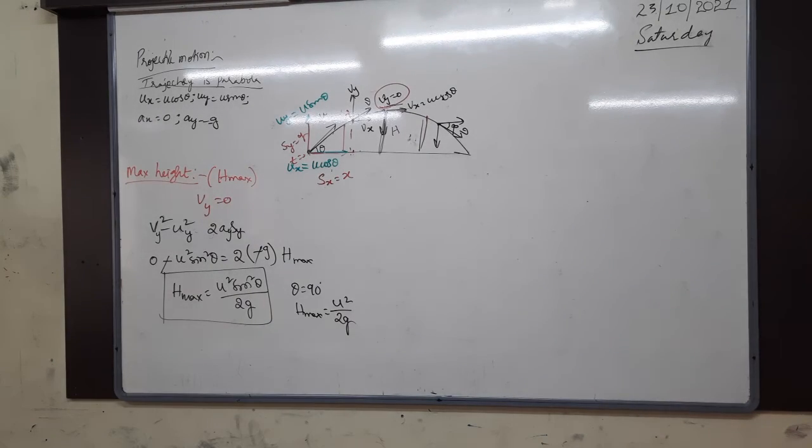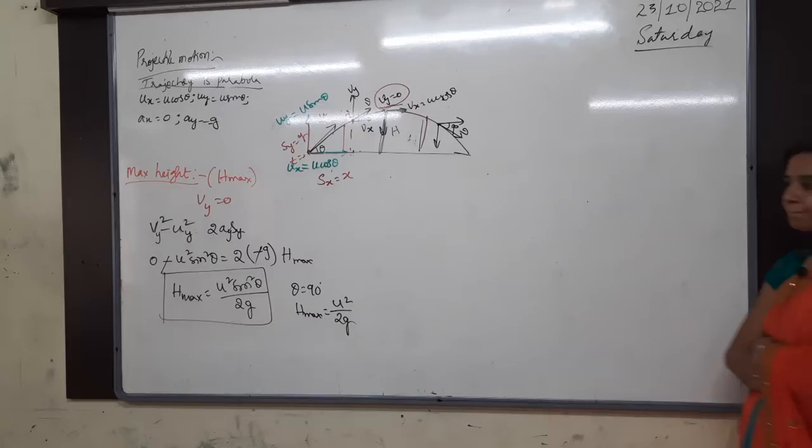Vertical component of velocity becomes 0. Underline that, that's a very important line. Copy everything.